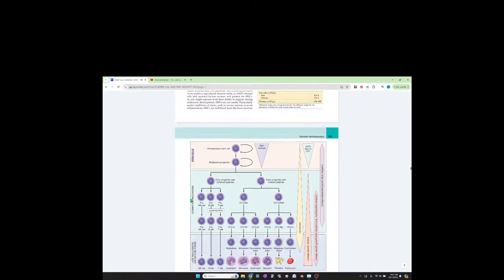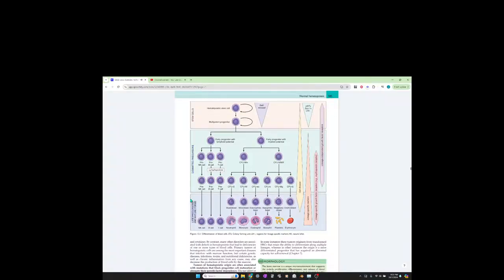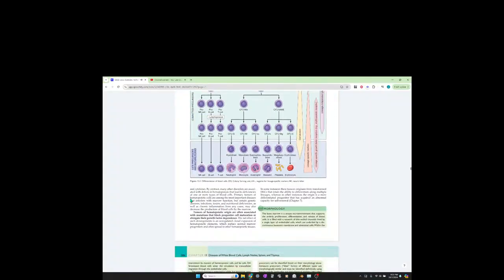Stem cells, committed precursors, late precursors, and mature forms.